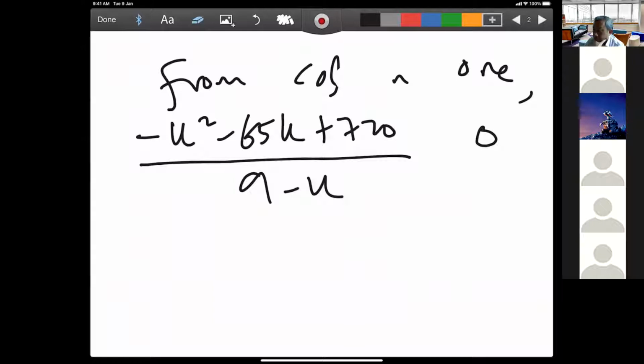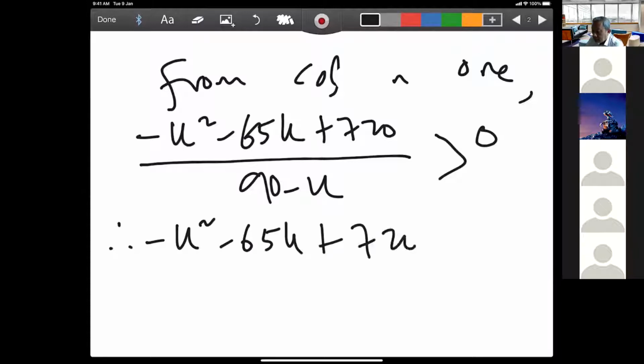It is 90 minus K, sorry. So simplify: minus K square minus 65K plus 720 greater than 0. Okay, so find the value of K.